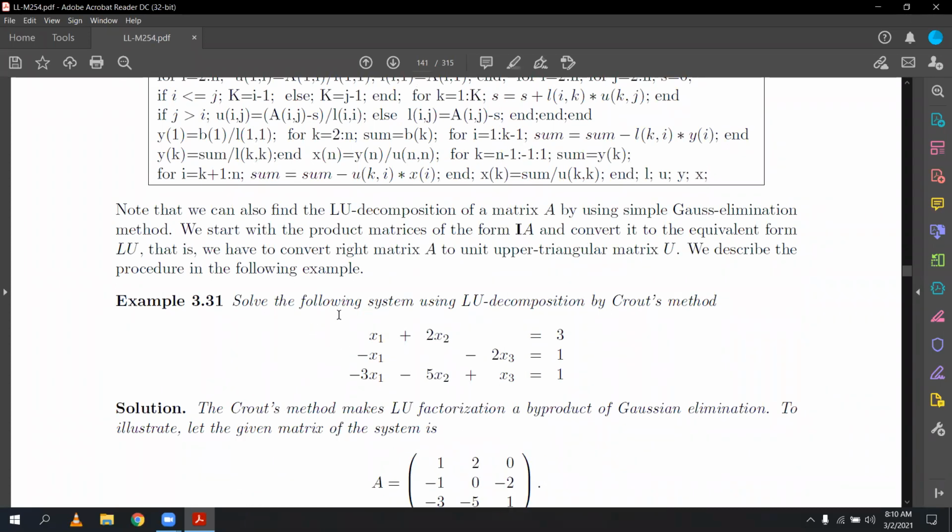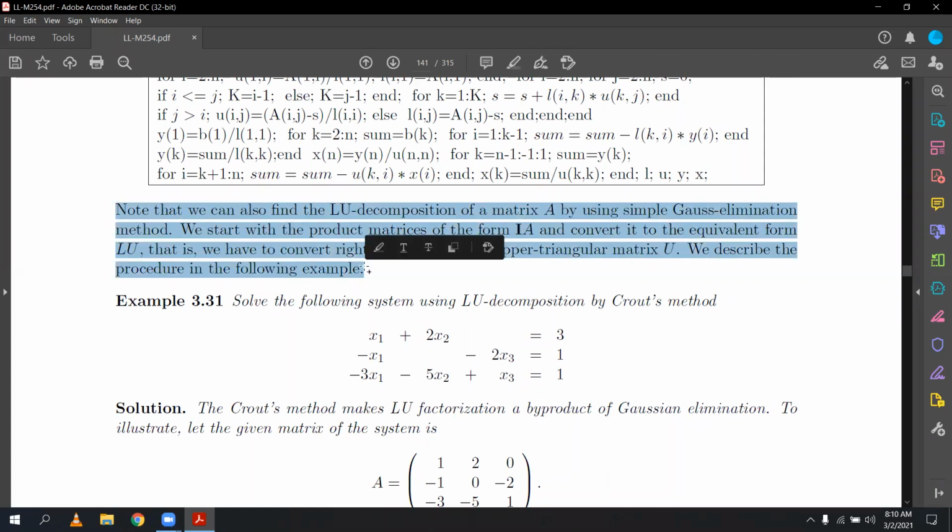It says solve the following linear system using Crout's method. Now, what I use here is this rule, which I developed myself. It is a shortcut, a very simple one.